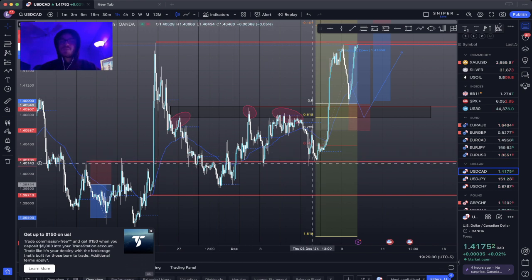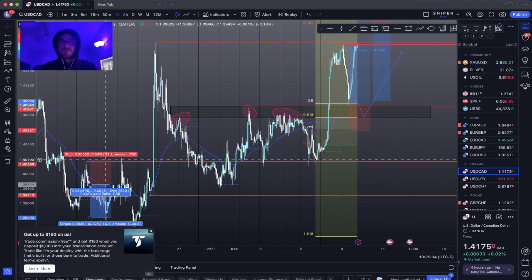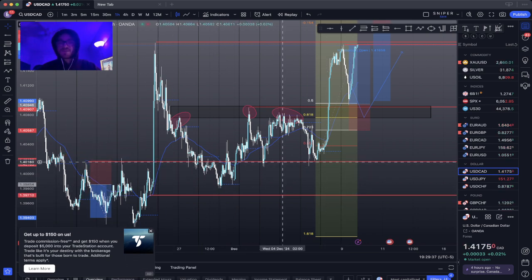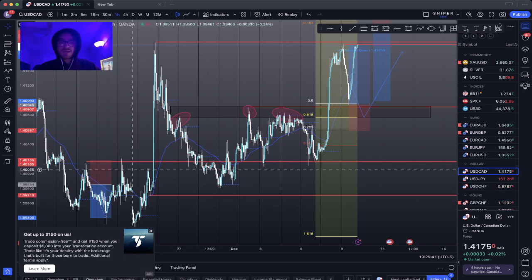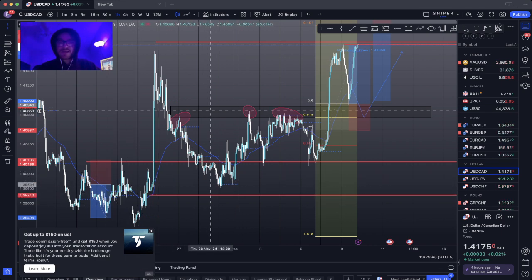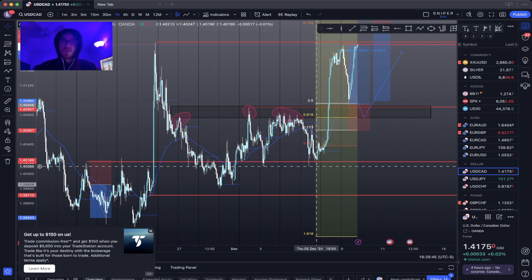Now, when I say our area of interest, I'm referring to this range down here. I'm just saying that because I don't want you guys to get this area confused with this area when I'm saying area of interest. So when price bounced from this area, this is very important, guys.